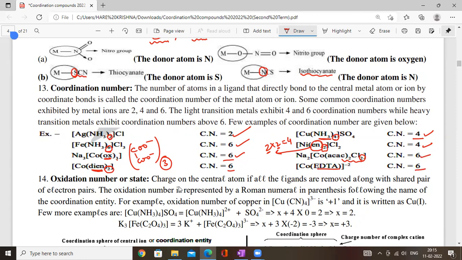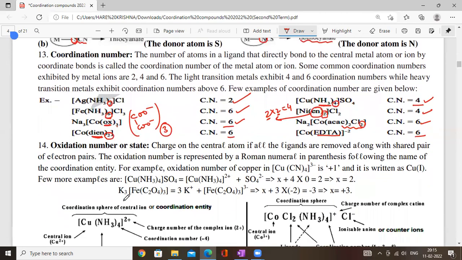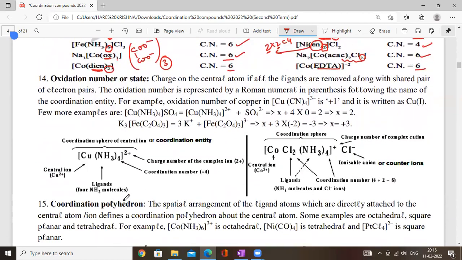Next is oxidation number or state. We will be calculating this oxidation number or oxidation state when we take up the nomenclature part. I will now just take up that this is the central atom or ion. As I said, this is the coordination sphere or coordination entity that I have already taken up. This is the charge on the complex. This is the coordination number. These are called the ligands.